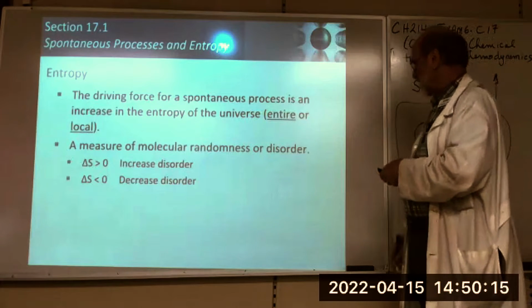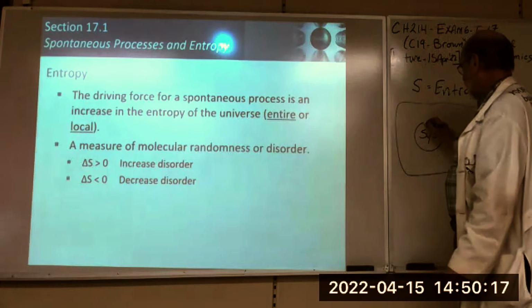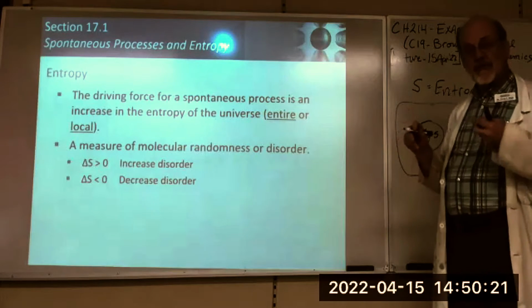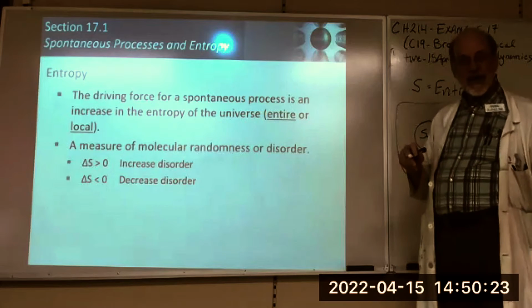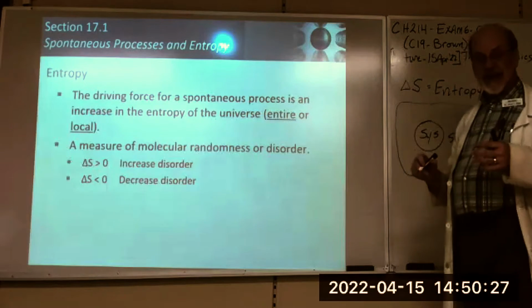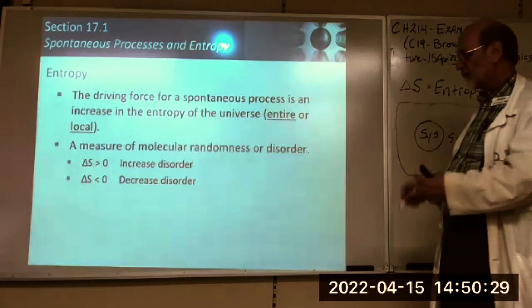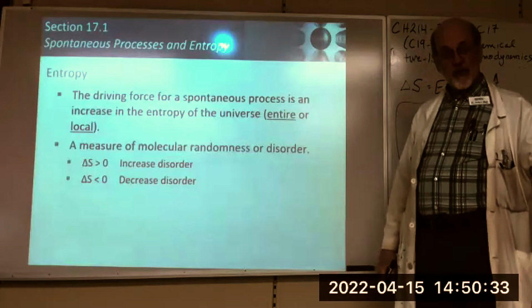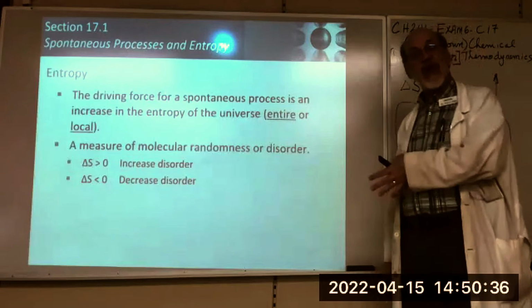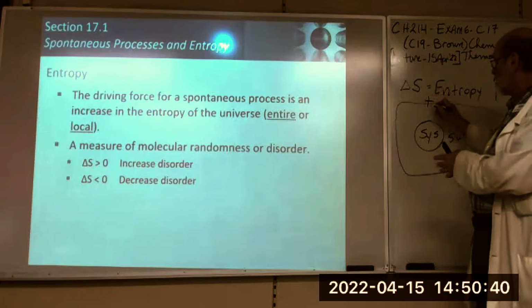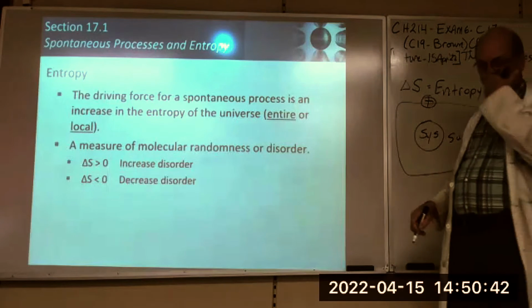So one way to look at it is we change entropy from before the process to after the process. That's why it's often represented as a delta S, a change in entropy, which implies that you've got entropy before, and now you have a different entropy afterwards. If the change in entropy is positive, that's spontaneous.